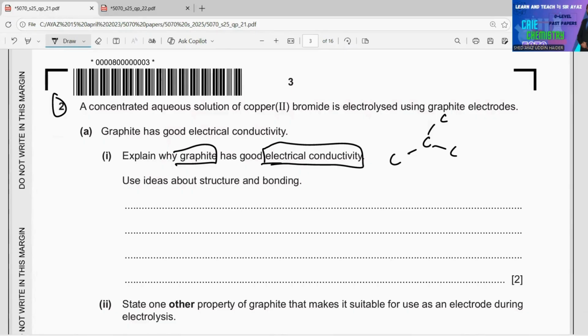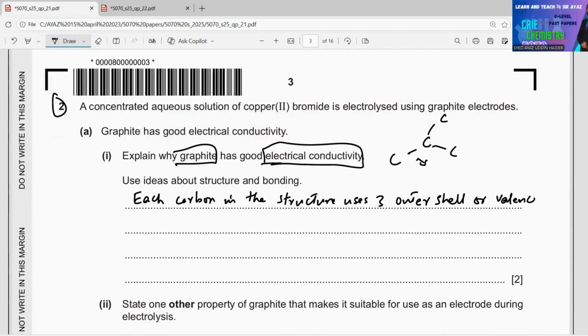So you will write each carbon in the structure uses 3 outer shell or valence shell electrons in forming covalent bond.